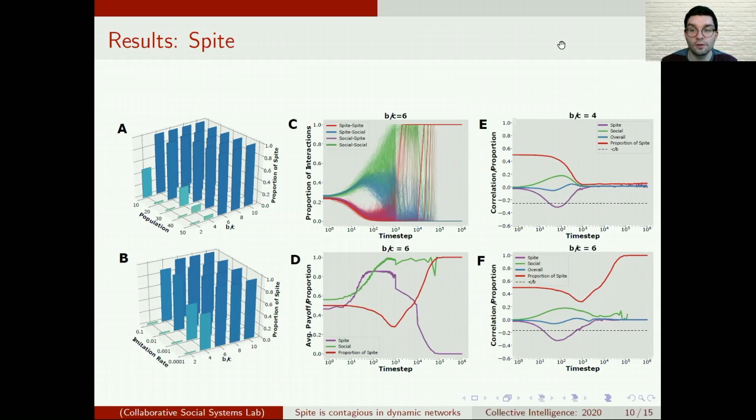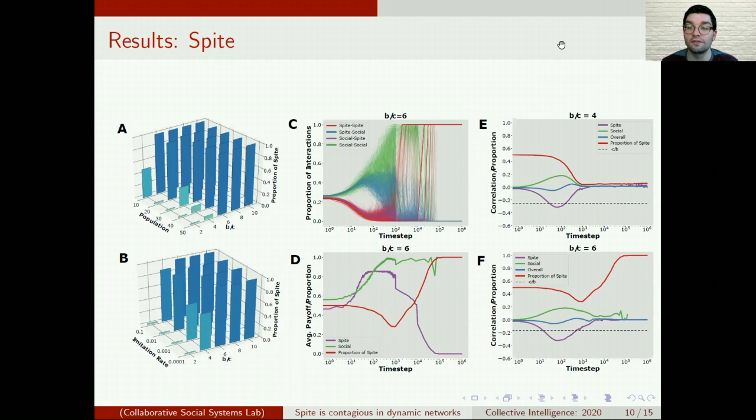Looking at figure A, the y-axis is the proportion of spiteful agents at the final time step of the model, and the model is varied over different population sizes and different B over C values. Here we fix B plus C to equal 1, and so as B over C grows larger, the B value is getting closer and closer to the maximum payoff, and that's the payoff that the spiteful agent receives, and the C value is getting closer and closer to 0.